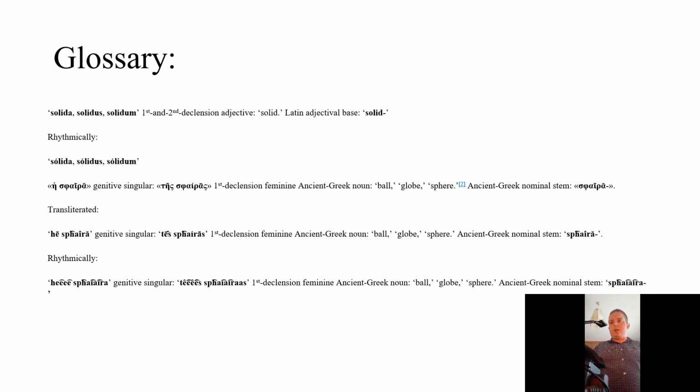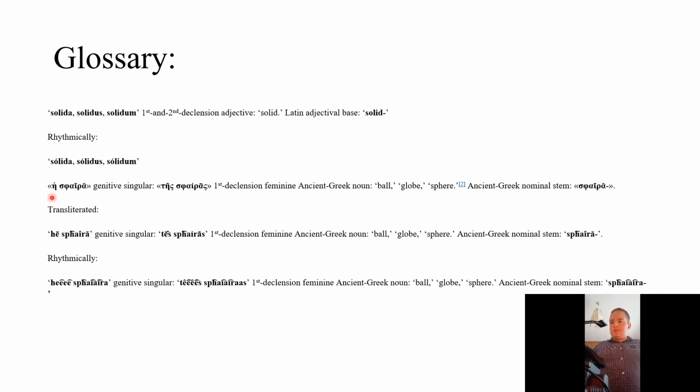First up we have this Latin adjective, solidus, solida, solidum, and this is a first and second declension adjective, and it means solid, and the Latin adjectival base is equal to solid. Rhythmically, solida, solidus, solidum, and I use an acute here so as to signify which Latin syllable gets the stress.